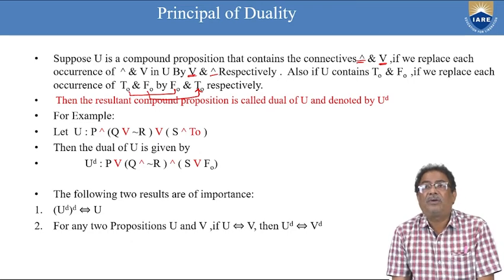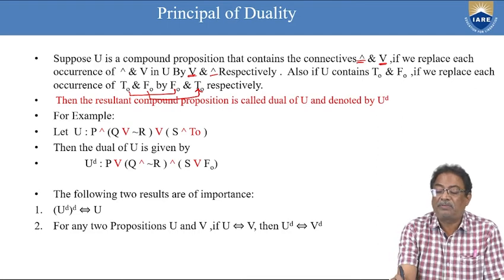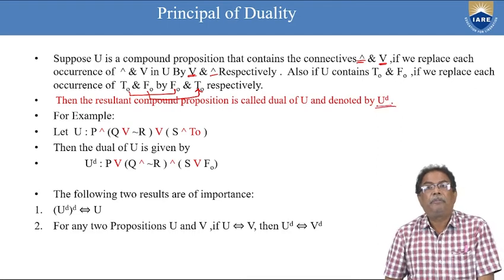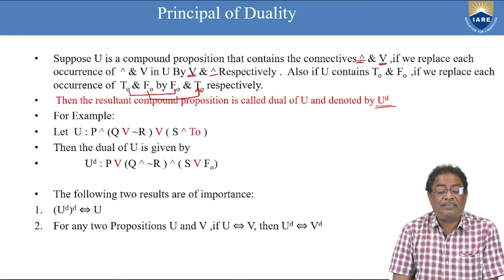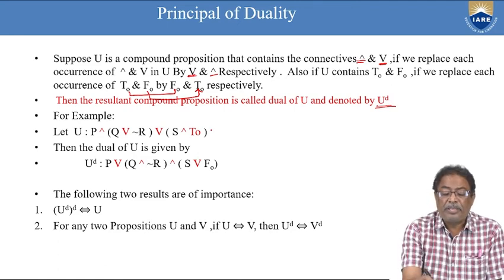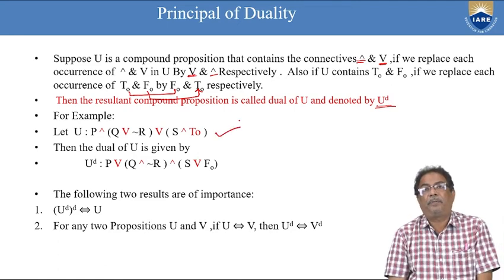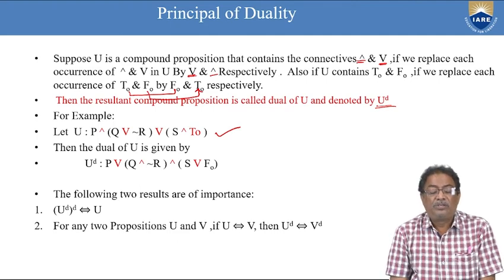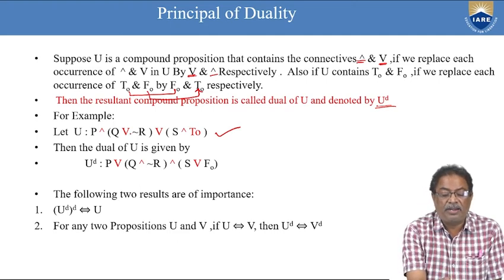If U is the given compound proposition, then its dual is represented with the symbol U power D. Let us see an example. For example, U is a compound proposition which has and, or, true.